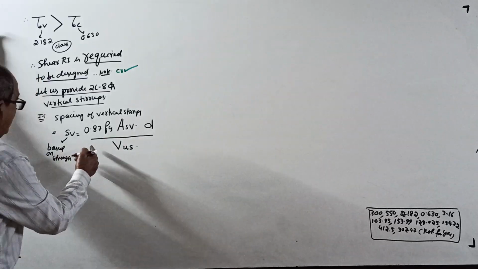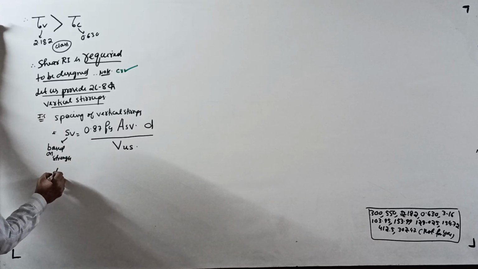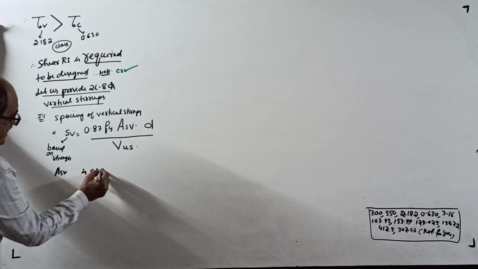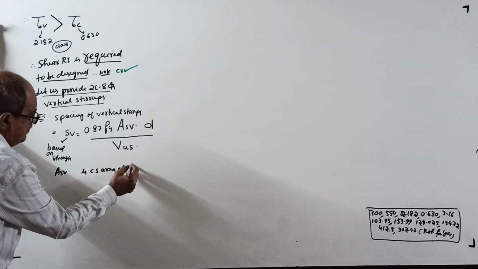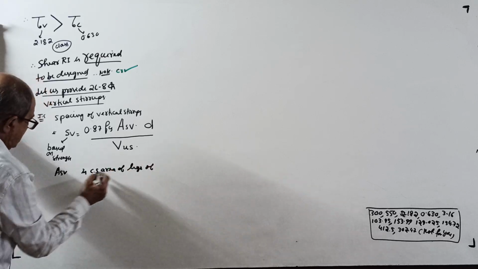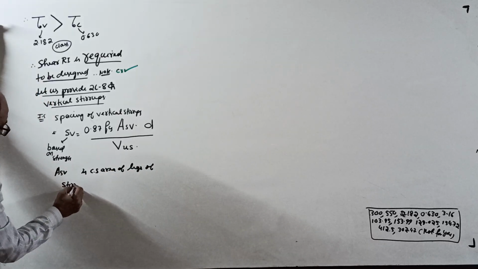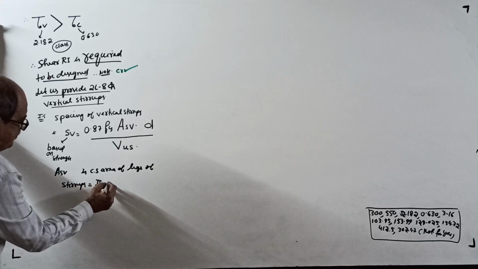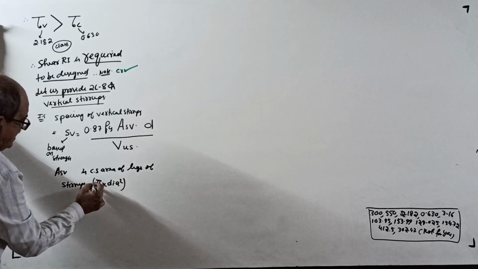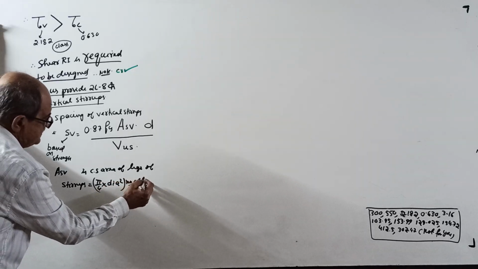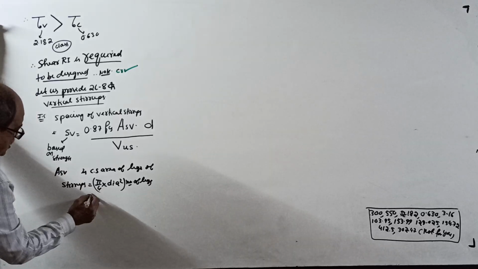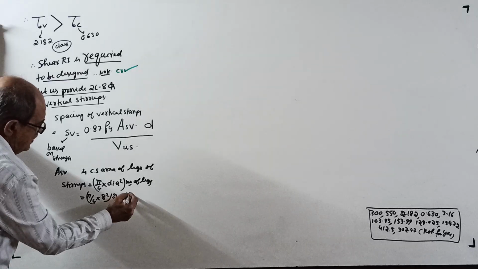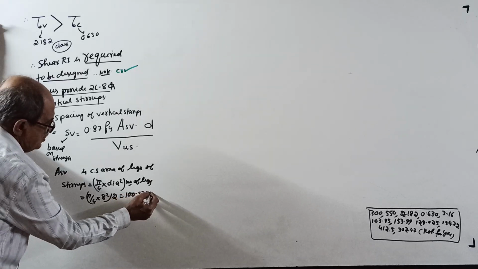See here, where I write ASV, it is the cross-sectional area of legs of stirrups, equal to pi by 4 of diameter square into number of legs, or pi by 4 of 8 square into 2, which will become 100.53 mm square.